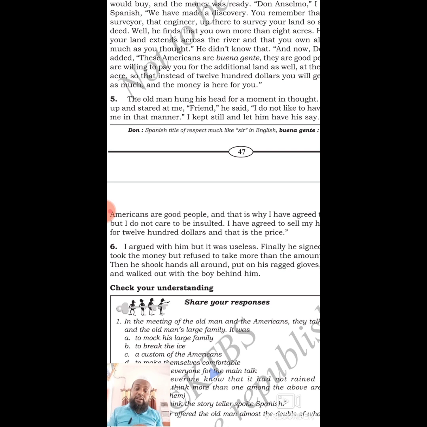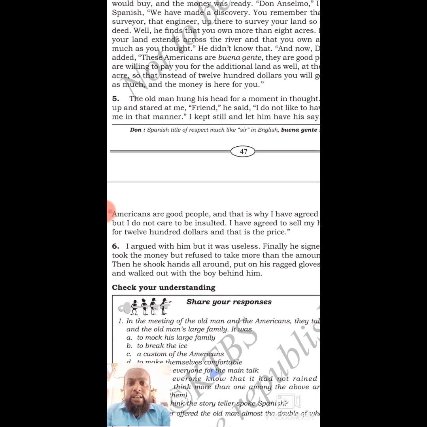After the survey engineer's findings, we have come to know that you own more than 8 acres, so we can pay double the amount we agreed earlier. The money is ready if you agree to sell this extra land apart from the 8 acres. Who said this? The Americans and Cedillo. These words are said by the writer himself. Money is here. Fifth paragraph.